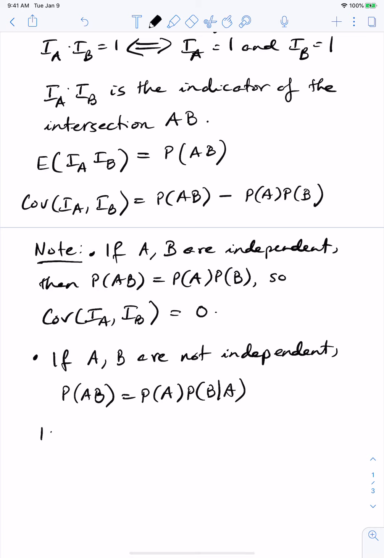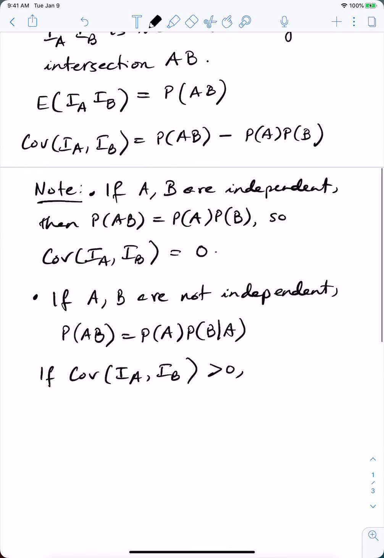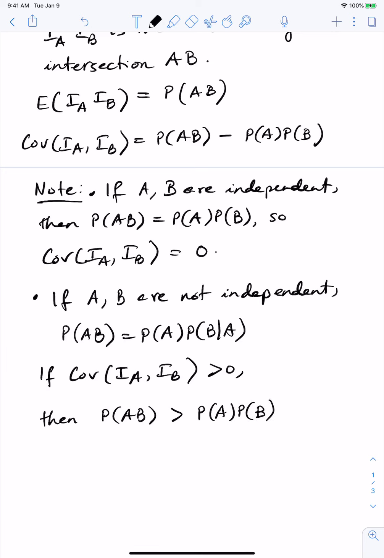So now let's look at what happens if the covariance of the two indicators is positive. By how we are computing covariance, it must be true that the chance of the intersection is greater than the product of the chances. And the chance of the intersection is what we just wrote down here.